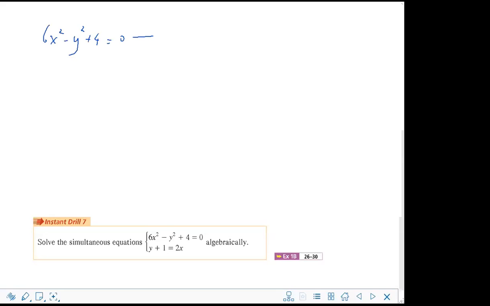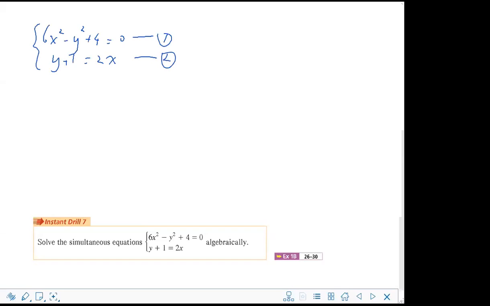So this is equation 1, and this is equation 2. Okay, so one has a square term and the other has no square term. So we will start with the one without square term, that is equation 2.